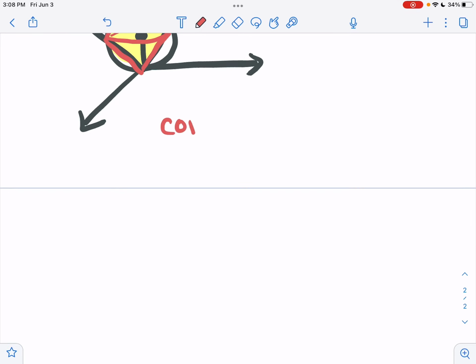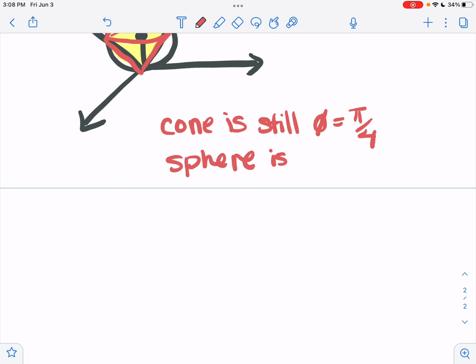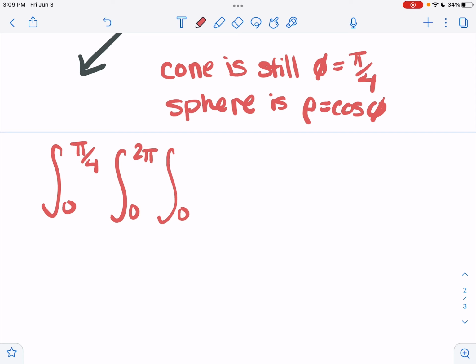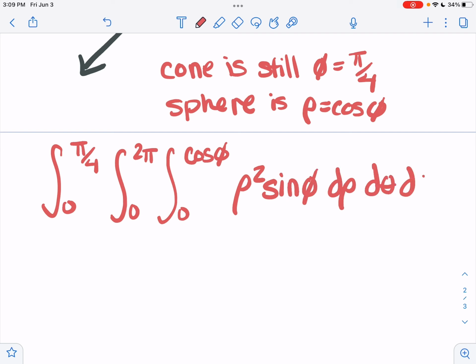The cone is still phi equals pi fourths, like in our previous ice cream cone problem. The sphere we just saw is rho equals cosine phi. And so we have an integral from 0 to pi fourths, 0 to 2 pi for theta, we go all the way around, 0 to cosine phi for rho squared sine phi d rho d theta d phi.